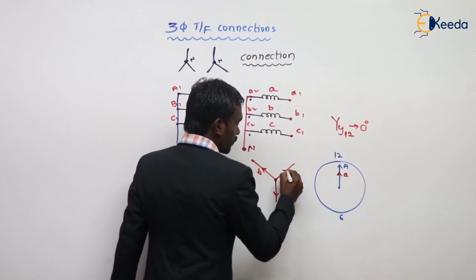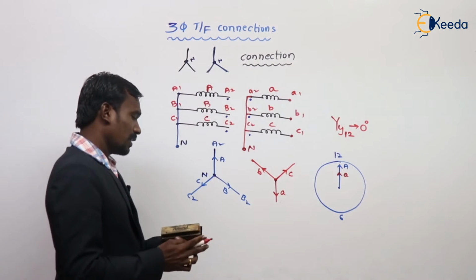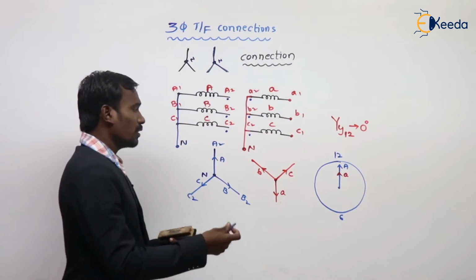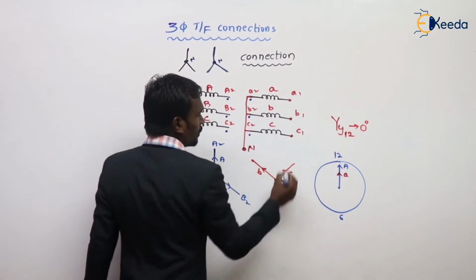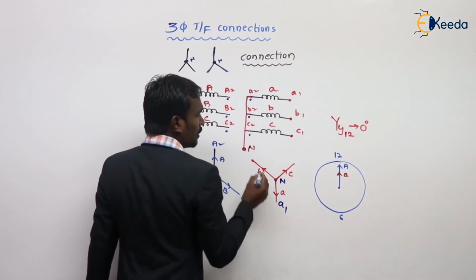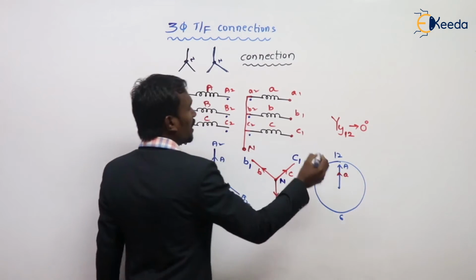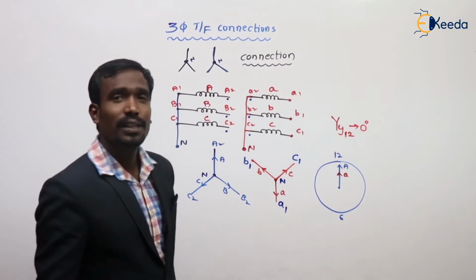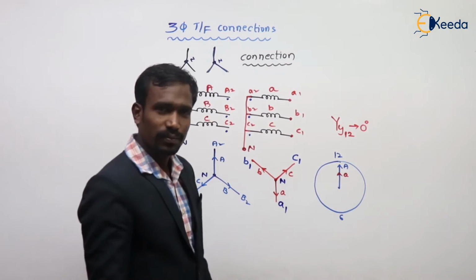So this is my small c. Now from the neutral, small a is for A1, small b for B1, and small c for C1. These are the arbitrary stars.